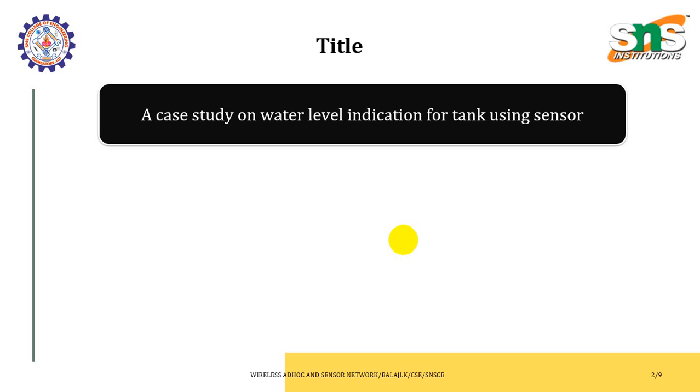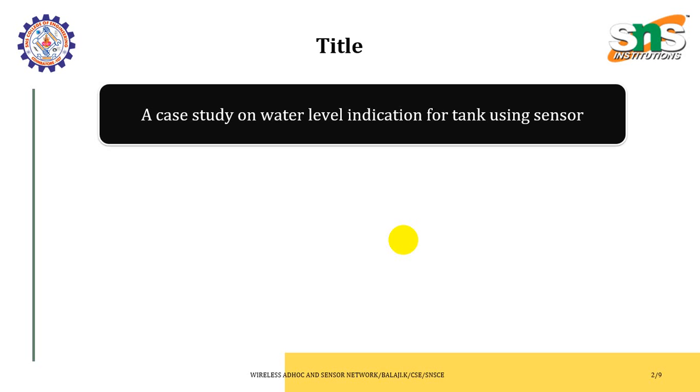In order to identify the water level, they are facing a lot of difficulty, because the tank may be empty, and there may also be a possibility of water overflow. This is handled in a manual way.